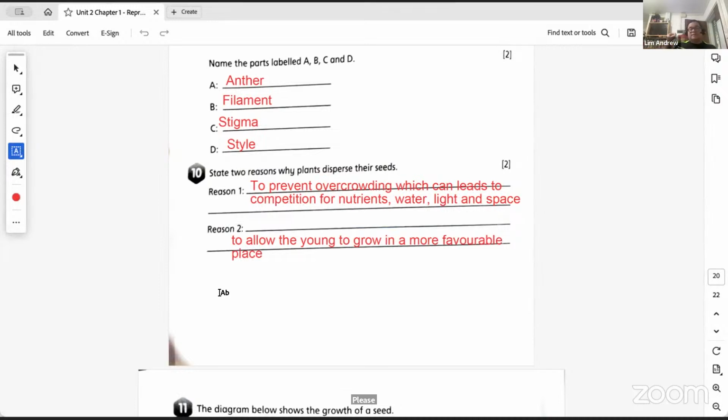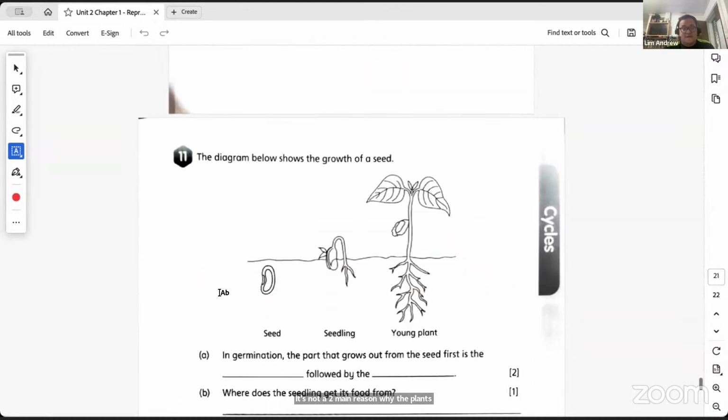Because when you disperse the seeds away by animal or wind, it will lead to a new environment, a new place, which is more favorable for the young instead of competing for nutrients with the adults. These are the two main reasons why the plants disperse their seeds. All right, let's carry on.